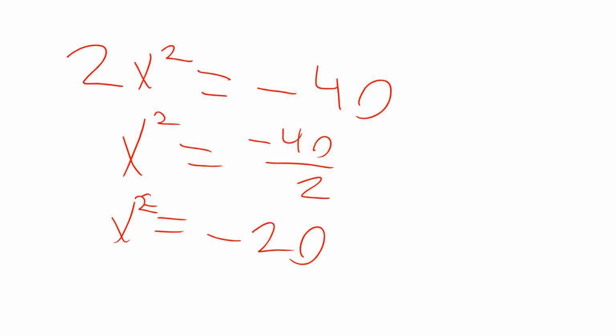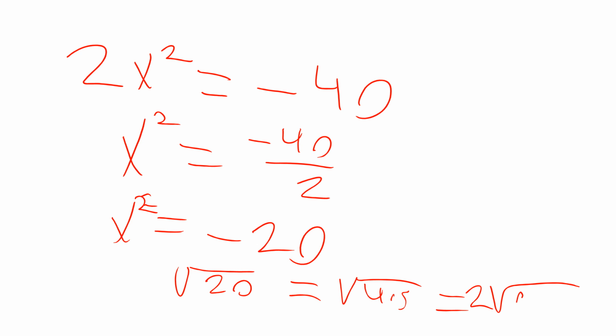So we know that we can just take the square root of 20, 2 root 5. And then we have an i because of -20. So our answer is once again 2i root 5.